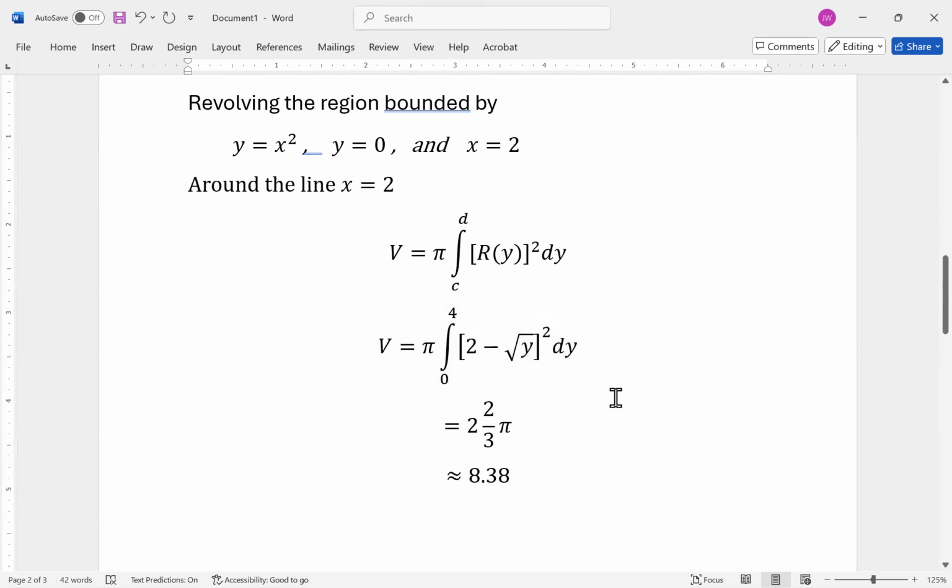And when I did it with my calculator, there was a little bit of a rounding error. It should be exactly 2 and 2/3, but it was like 2 point, then lots of sixes, and then a 369. And again, that's because you're integrating close to 0 with square roots, and that tends to throw the calculator off.